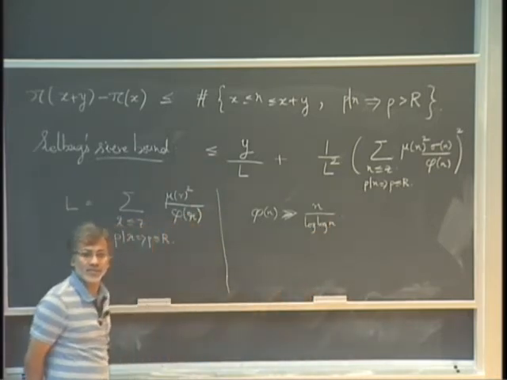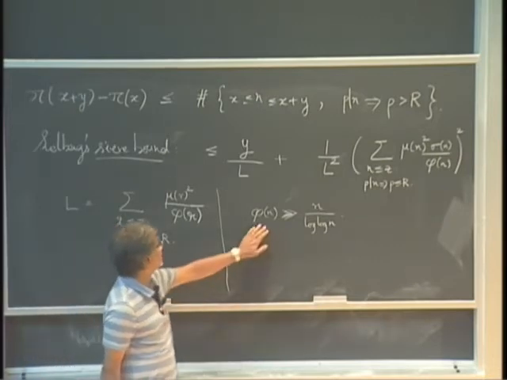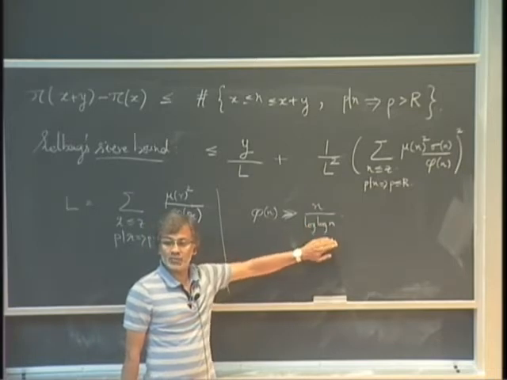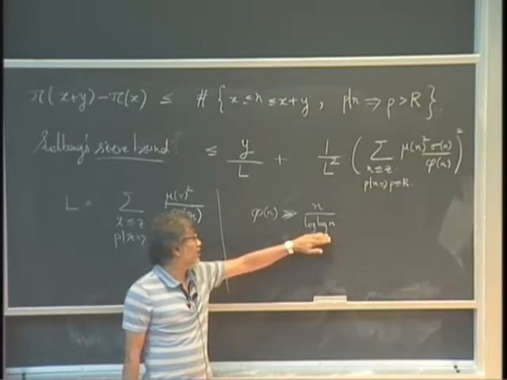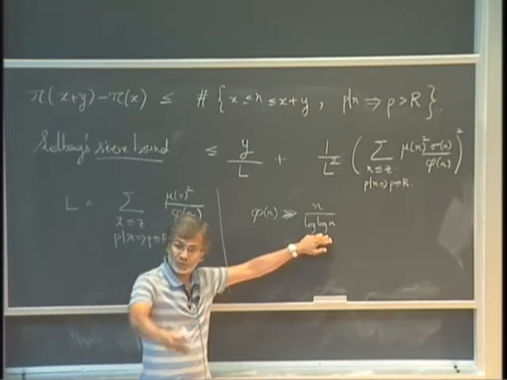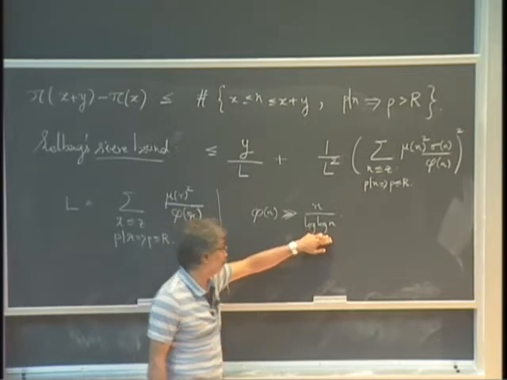Is that right? But usually the size of phi of n is really on the scale of n. This 1 over log n comes up only in the very rare case when n happens to be a primorial, the product of the first few primes. Otherwise, we should be able to do better.